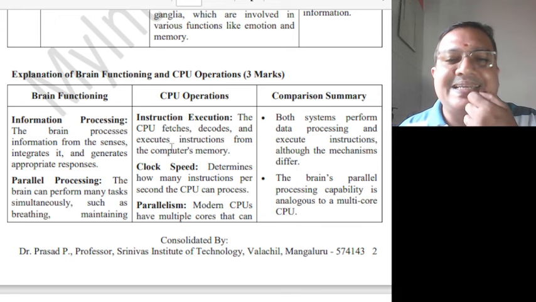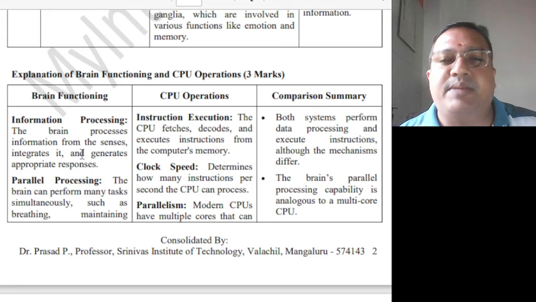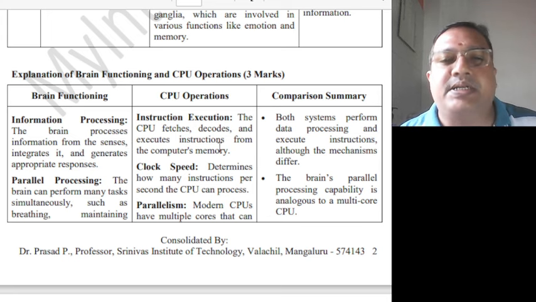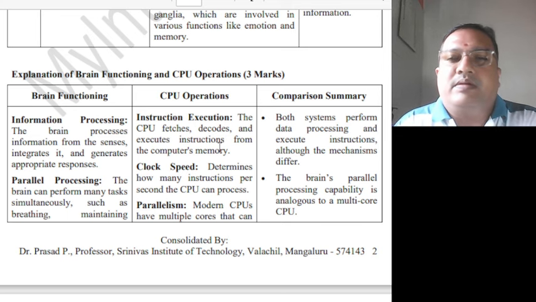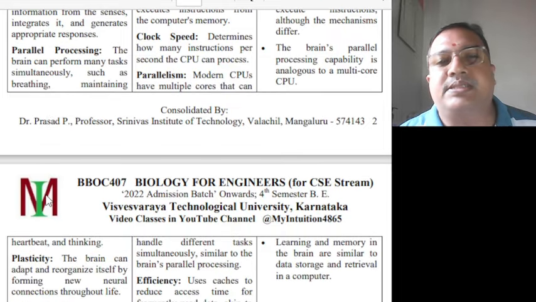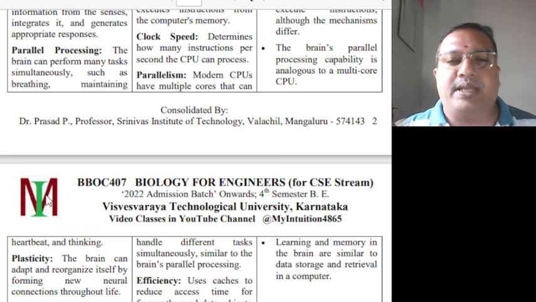Brain functioning. Information processing: the brain processes information from the senses, integrates it, and generates appropriate responses. Parallel processing: the brain can perform many tasks simultaneously, such as breathing, maintaining the heartbeat, thinking, reading, everything we do.